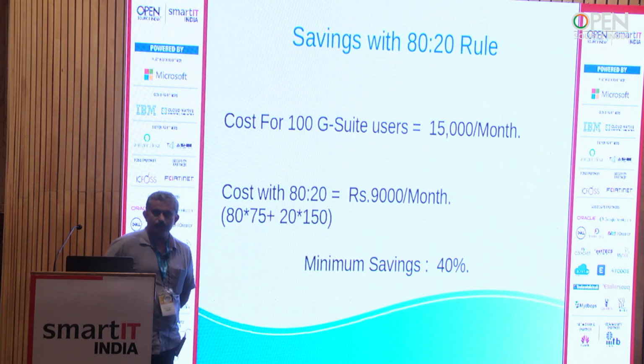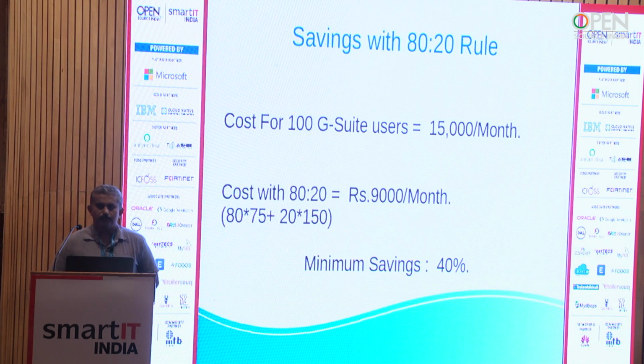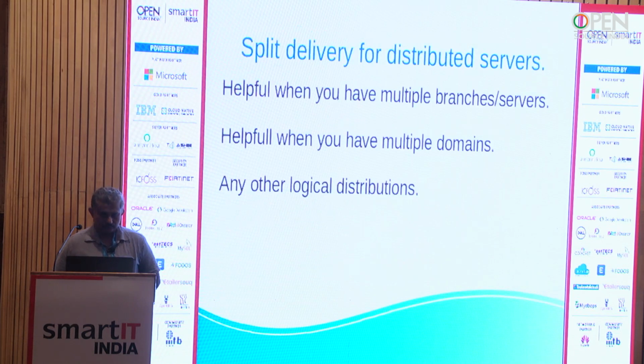So when you keep 80 mailboxes in iRedMail and 20 mailboxes in Google, the cost is going to be around 9,000 rupees per month, correct. So you are directly saving nearly 40% of your recurring cost. So it's a mix and match.